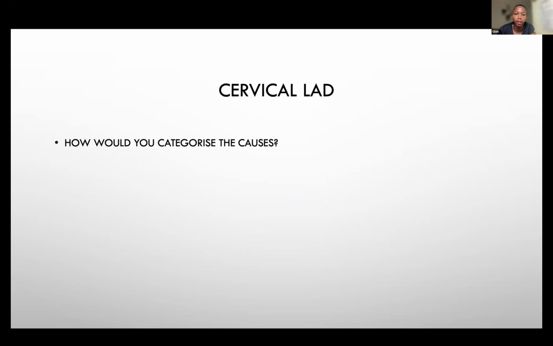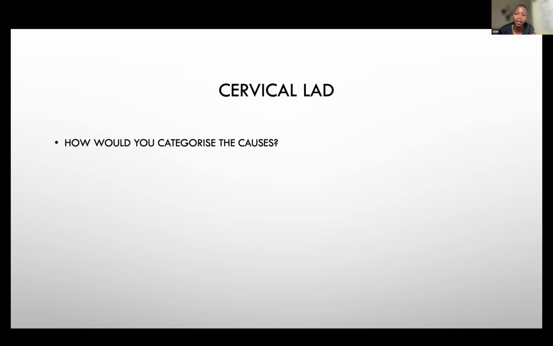just, anyone who knows an approach to categorize the causes, like in which buckets would you entertain when evaluating cervical lymphadenopathy, like which big categories would you have in your mind to differentiate the causes of cervical lymphadenopathy?